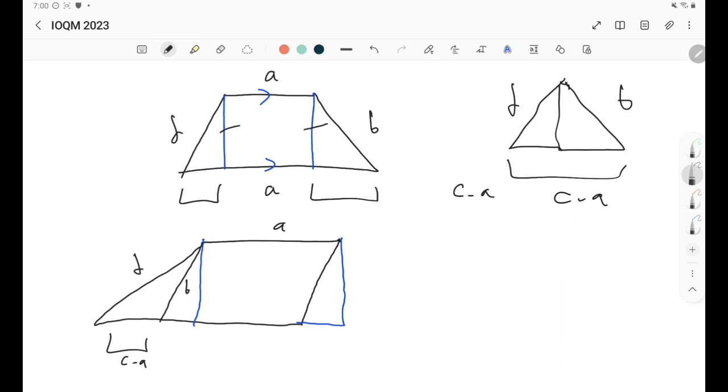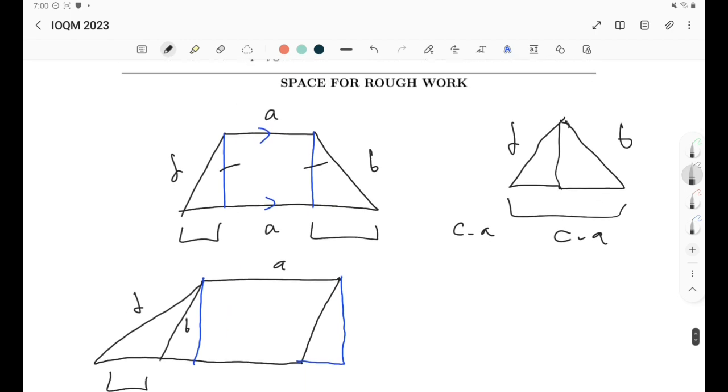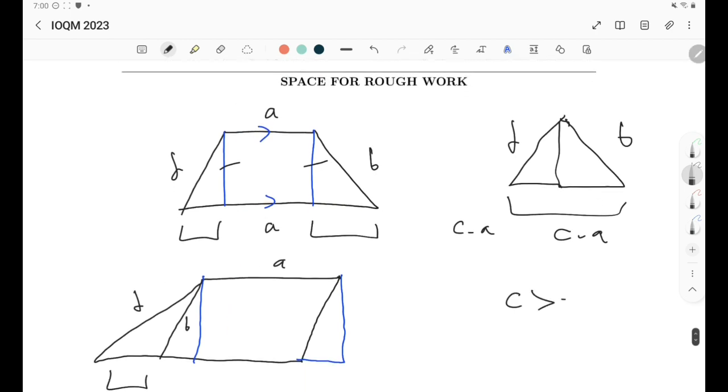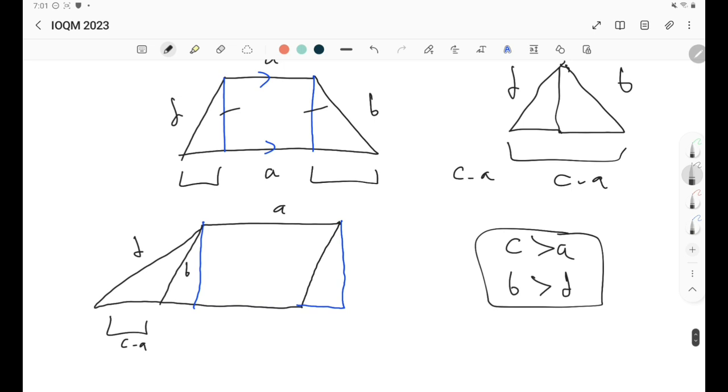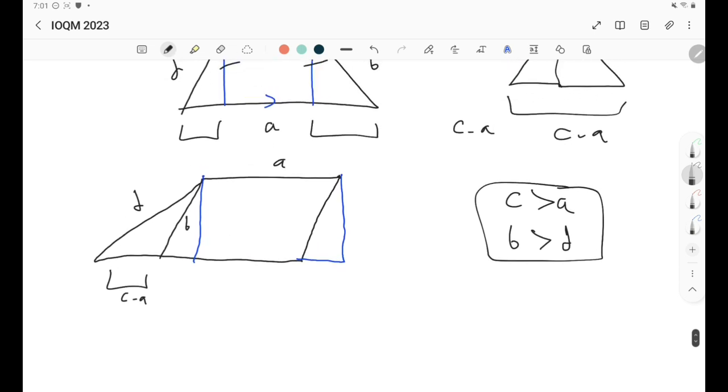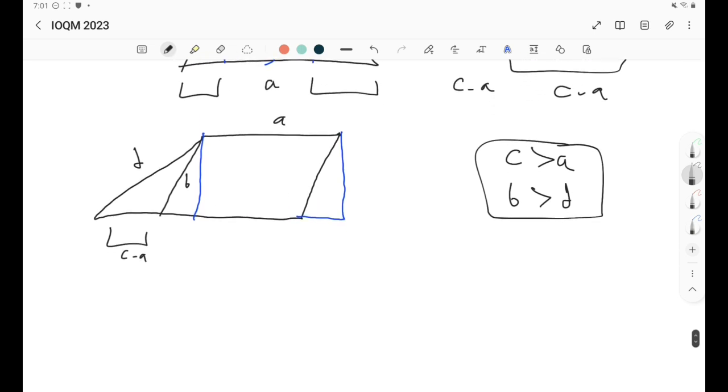What does it mean they form a triangle? Right now, of course, our assumption is that C is greater than A, and let's assume that B is greater than D, so that we get distinct values. Now we have these conditions, and we know that C minus A, B and D form a triangle. What does that exactly mean?